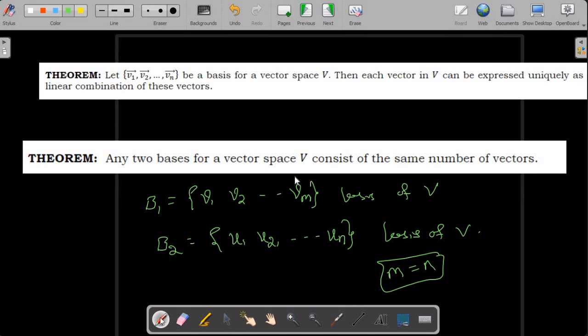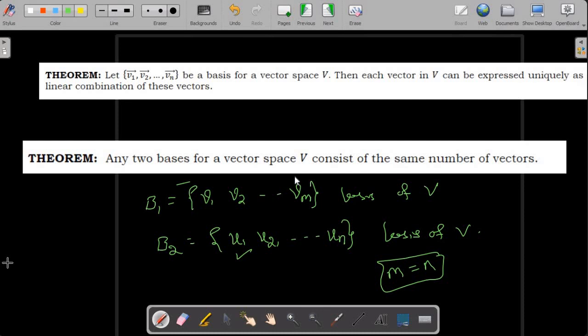So you can prove it like this. You know B1 is a basis, so every element in V can be expressed as a linear combination of these vi's. Therefore, each ui can be expressed as a linear combination of vi's. Try to express it and make use of the fact that both sets are linearly independent.